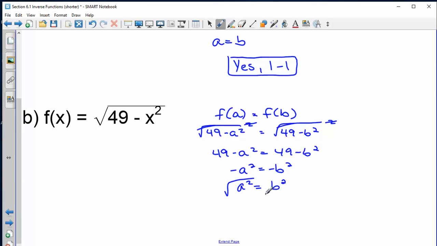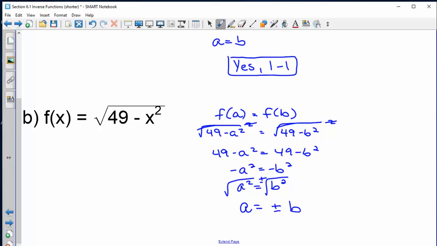When you add a square root, what do you have to put with it? Plus or minus. So the square root of a squared is a, equals plus or minus the square root of b squared, which is b. So what I have found is I can get the same y value out if I put in the same numbers, or if I put in a positive and a negative. In other words, positive 7 and negative 7 give me the same y value out.